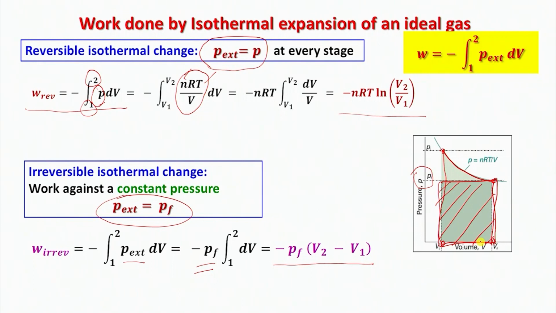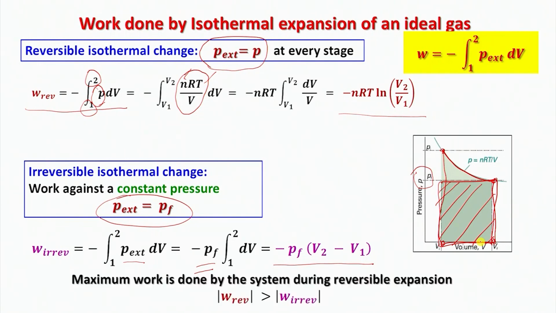So from these two figures, we can immediately conclude that maximum work is done by the system when it is undergoing a reversible expansion, under which condition the magnitude of work done is always greater in the reversible process in comparison to the irreversible process.